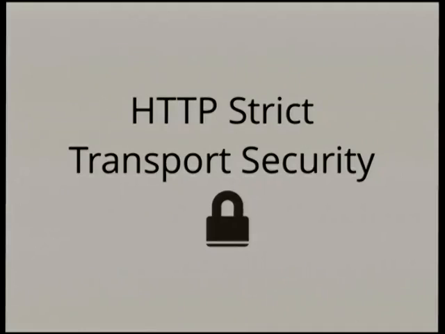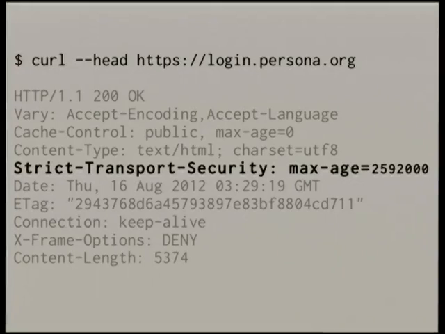Well, it turns out that this is exactly what strict transport security is. Now, this spec does not consist of a list of bank website URLs. You know, that would be one way to do it. But instead, it defines a new header that the server can return. And this is the header. So strict transport security, that's what you add to your responses.